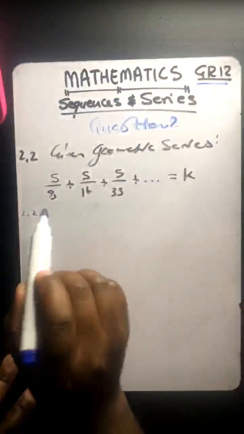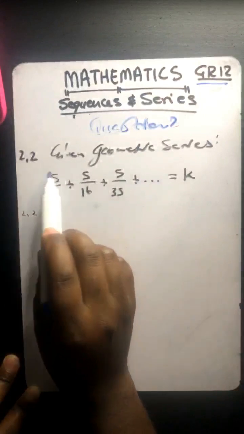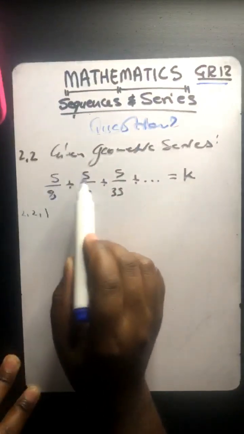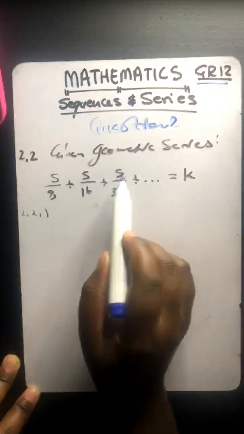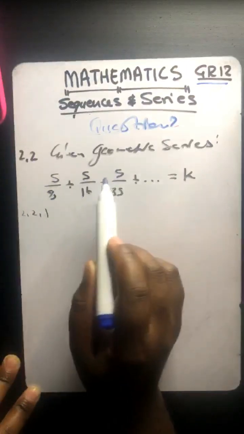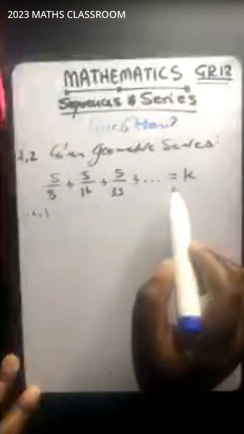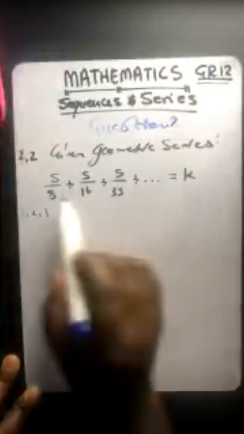The first stand has 5 over 2 people, the second stand has 5 over that, then you still have some more, and all of those stands add up to 21. And then when you add all of them, they give you that.